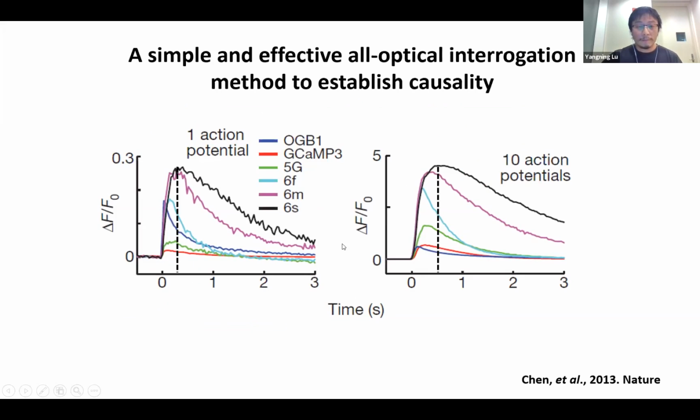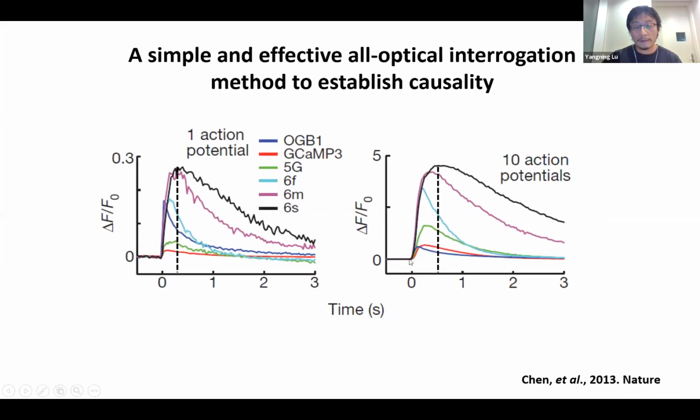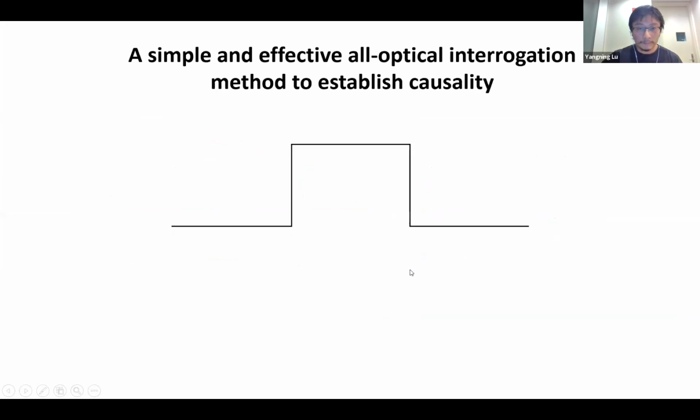However, these two approaches both require technical challenges, and we probably want to make new animals if we want to do that. To take advantage of the fact that the GCaMP actually has a delay with respect to the onset of the cell activity, we reasoned that we don't need anything complicated like that.